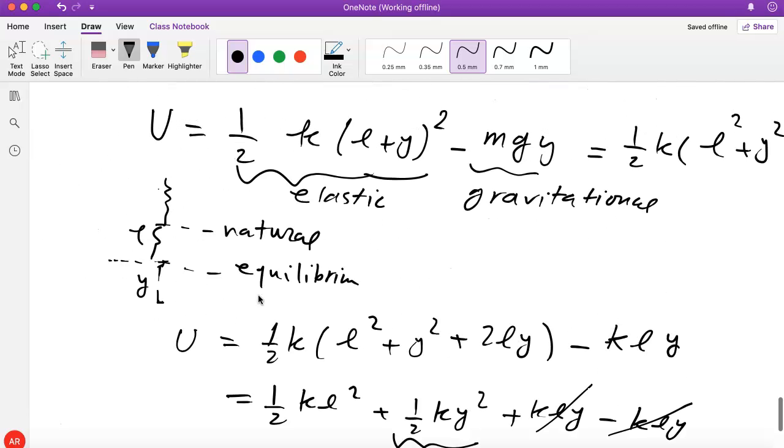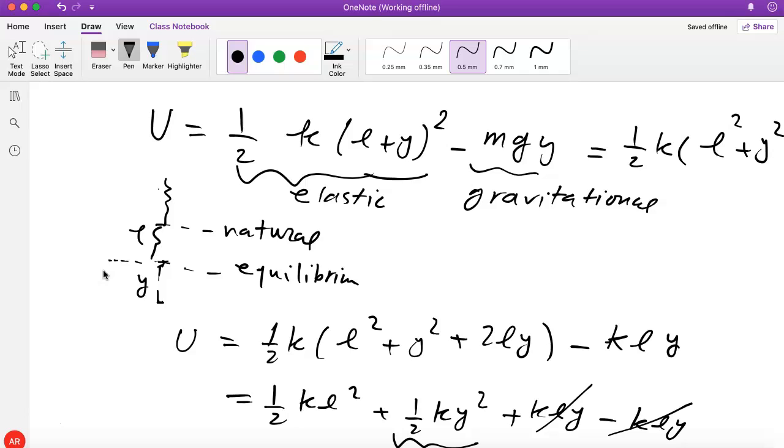And notice that we made some arbitrary choice, right? By choosing the origin of the gravitational potential energy to be at the equilibrium position, we made a choice. It's always the differences in potential that matter. The absolute value of potential energy doesn't matter. So we could have picked a different origin.